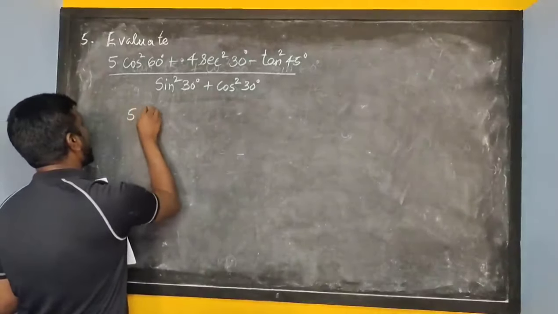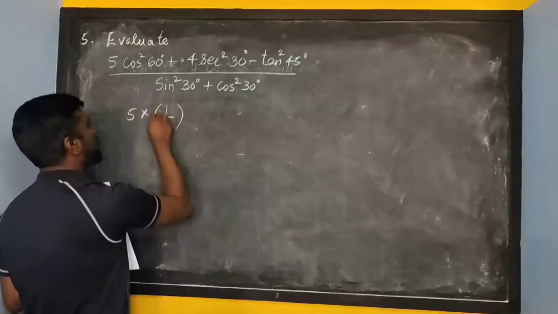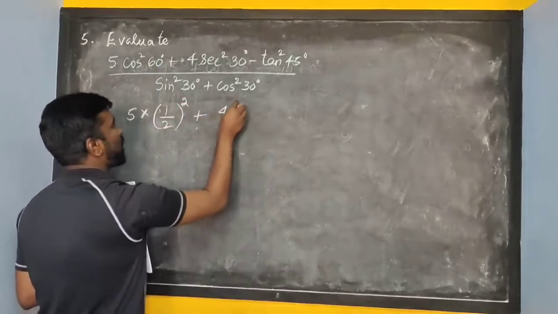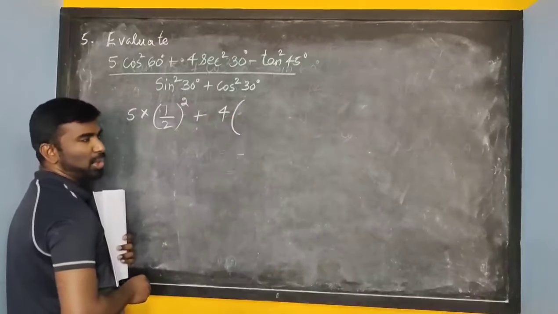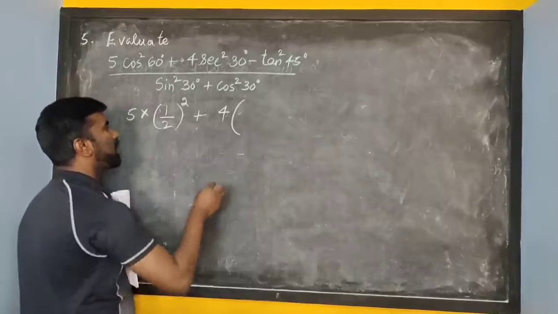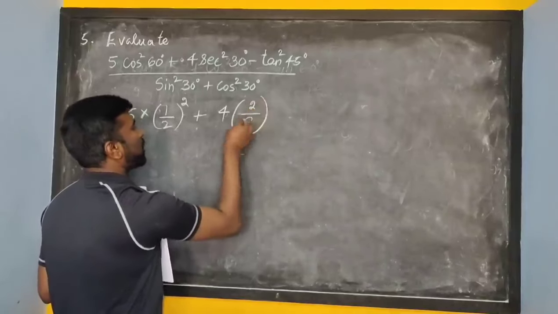Now cos 60 degree value is 1 by 2. Since square is there, I'll put square. Plus 4, what is the value of secant 30 degree? Secant 30 degree value will be equal to reciprocal of cos 30 degree, that is 2 by root 3.